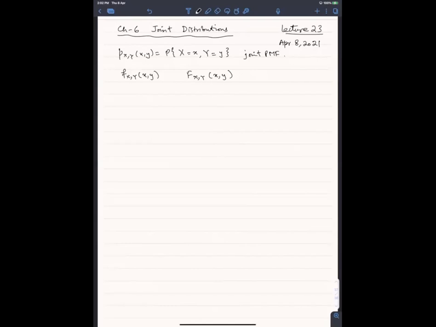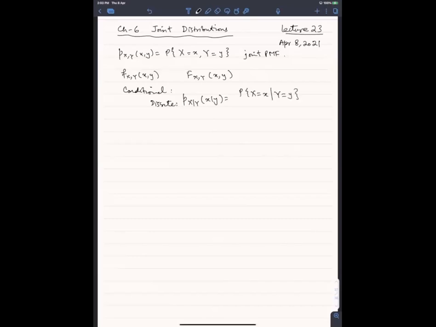Then we talked about conditional distributions. The probability that x takes a value x given y takes a value y, for the discrete case, is the probability that x takes the value x given that y takes the value y.